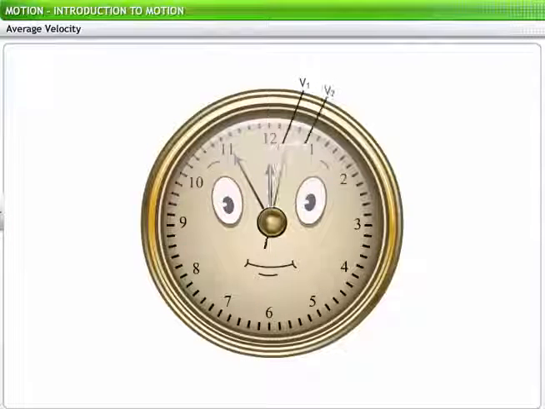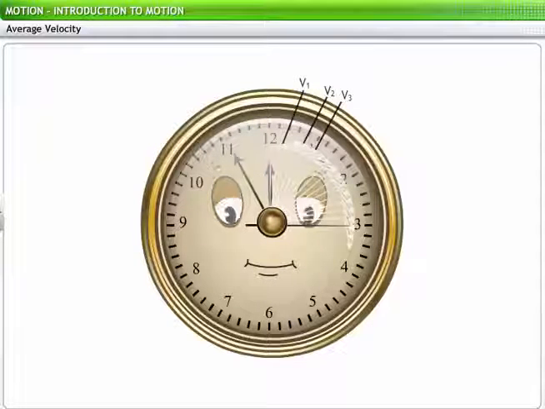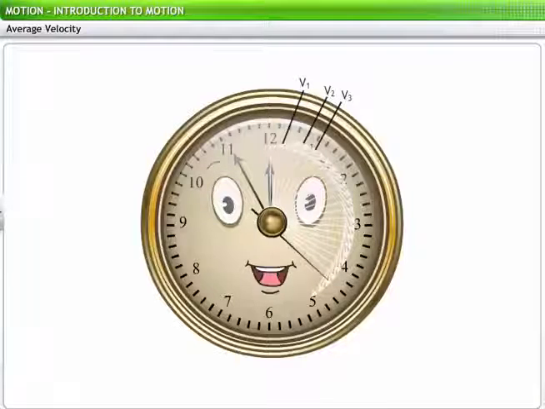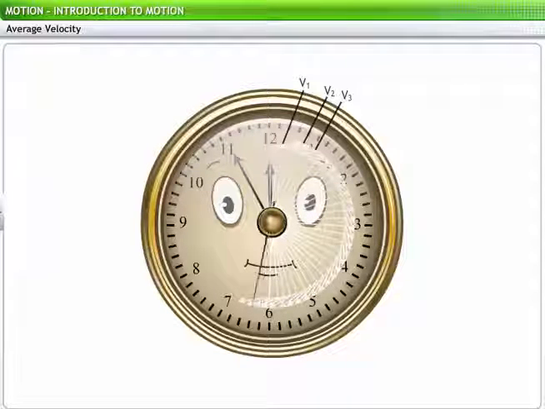Hi, can you make out the change in the velocity of my hands as they work round the clock to tell you the time? The tip of each hand moves with uniform speed but changes direction continuously as it moves in a circular path.